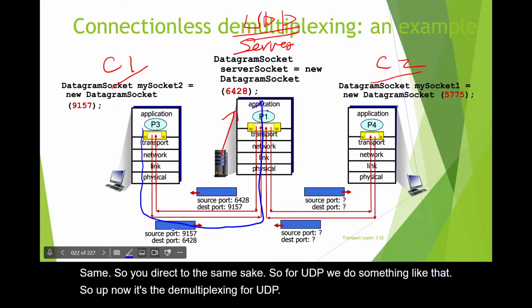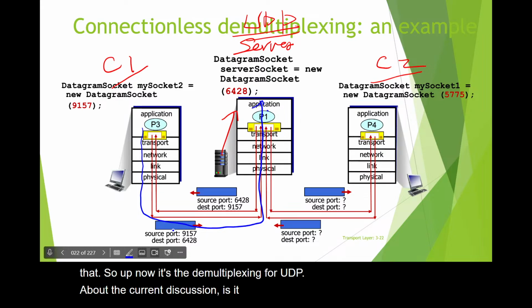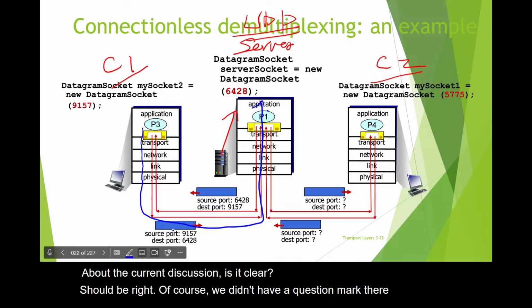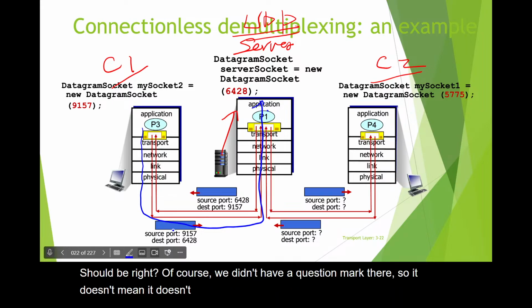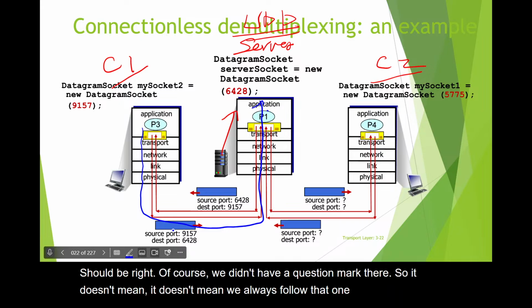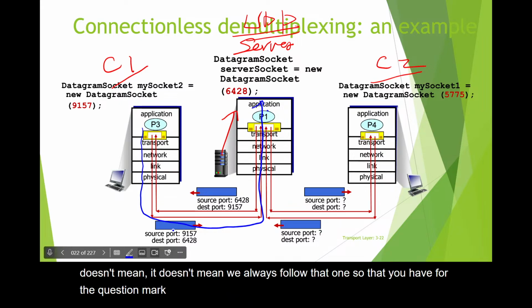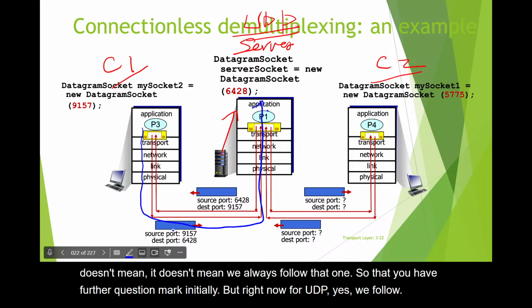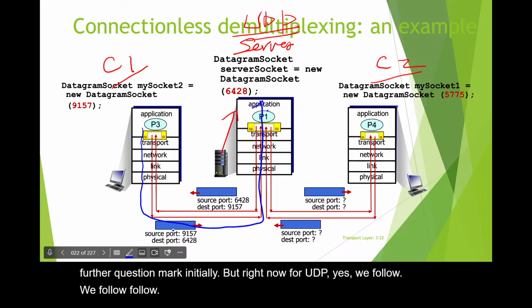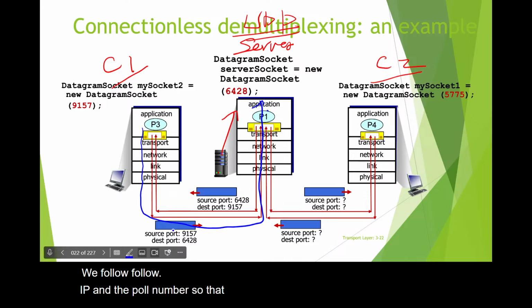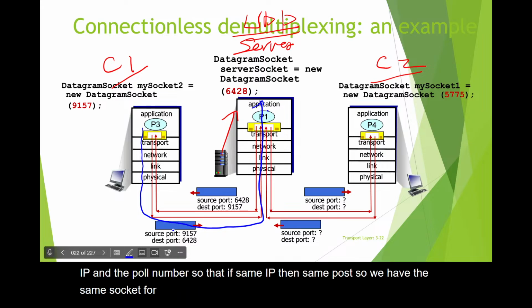Well, about the current discussion, is it clear? Should be, right? Of course, we already have a question mark there, so it doesn't mean we always follow that one. So you have the question mark initially. But right now, for UDP, yes, we follow the IP and the port number, so that if same IP, then same port, we have the same socket for the current discussion.